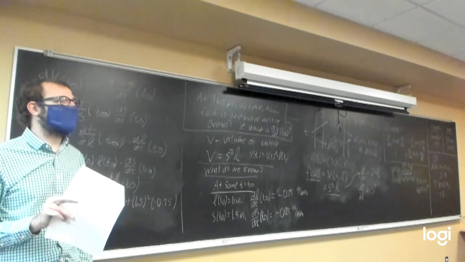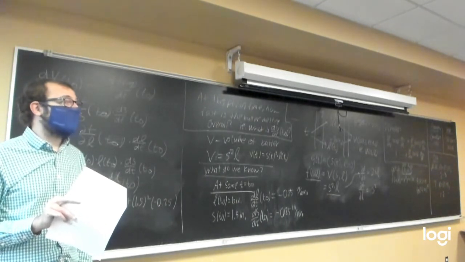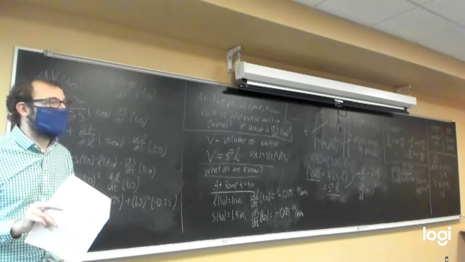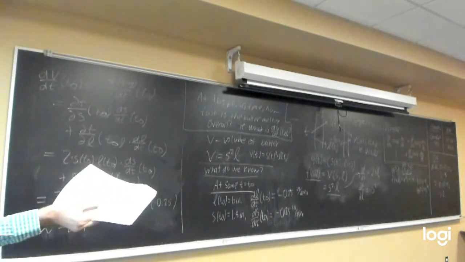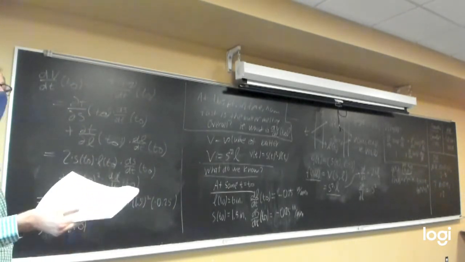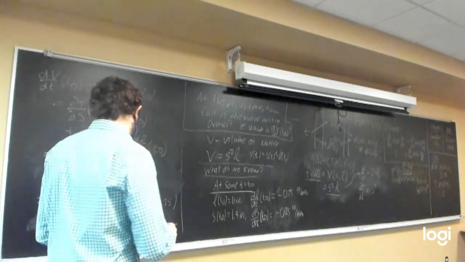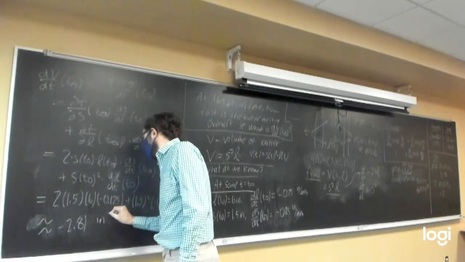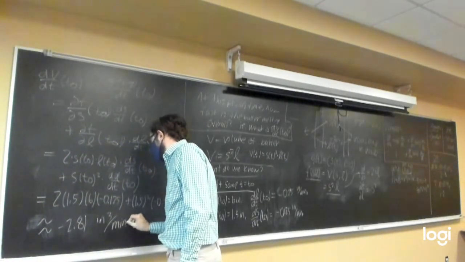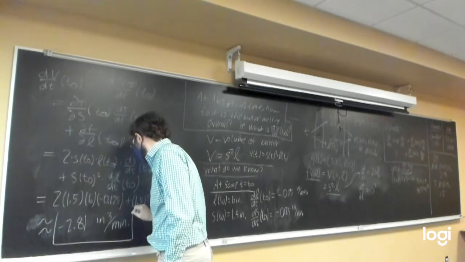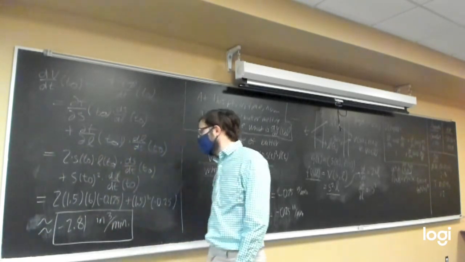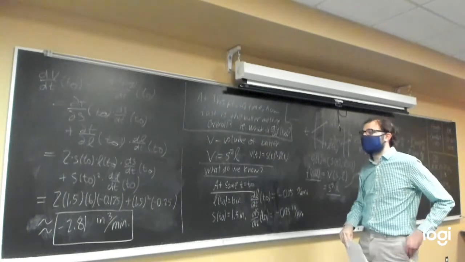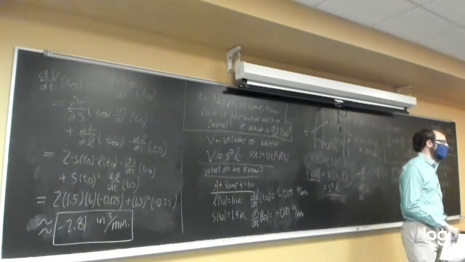Inches squared per minute would give us something like change in surface area per unit of time, but you're close. We need inches cubed, because volume is measured in inches cubed. There we go. About negative 2.81 inches cubed per minute.